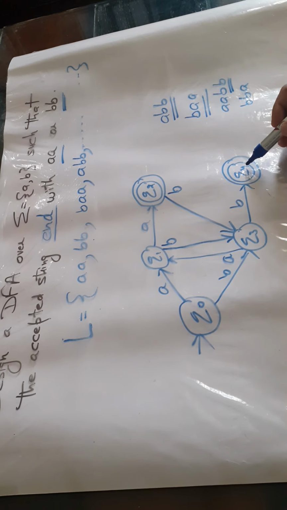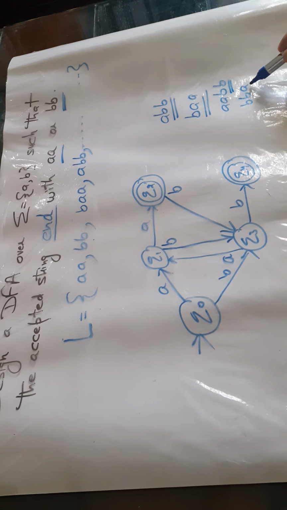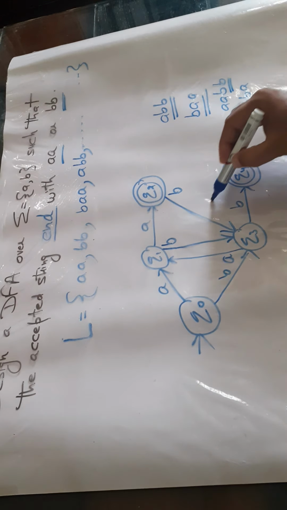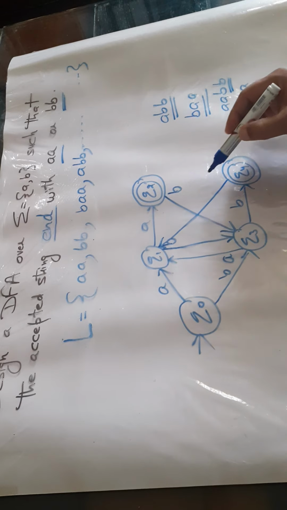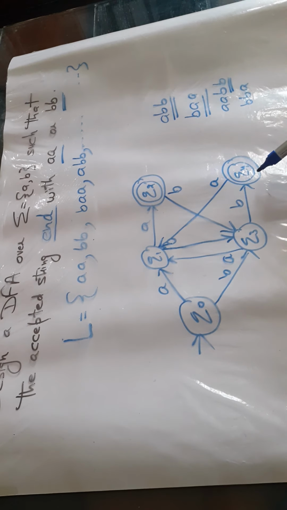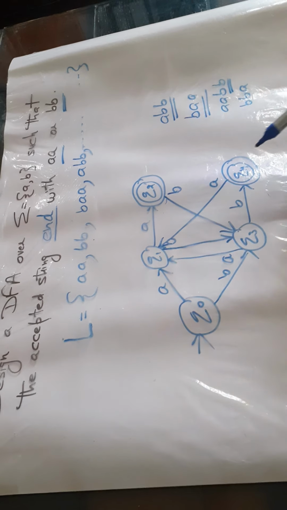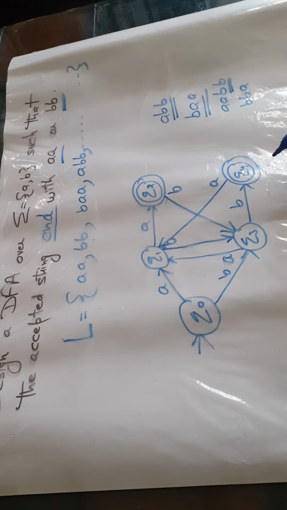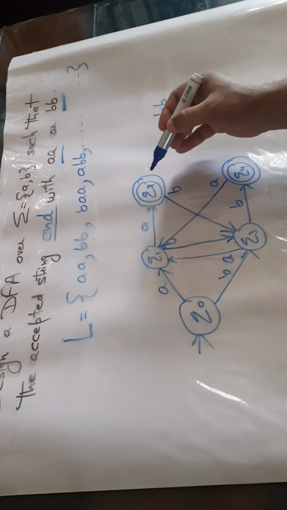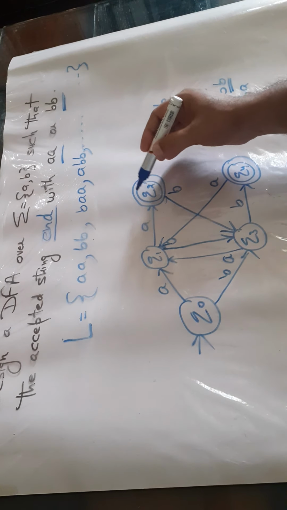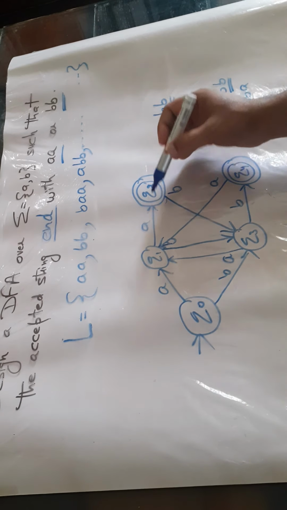Similarly, if we get B, B, and we get A here at Q4, so B, B, A comes here, then we need to move to Q1. After this A, we are able to get Q2. Now, what happens if at this state we get another A?